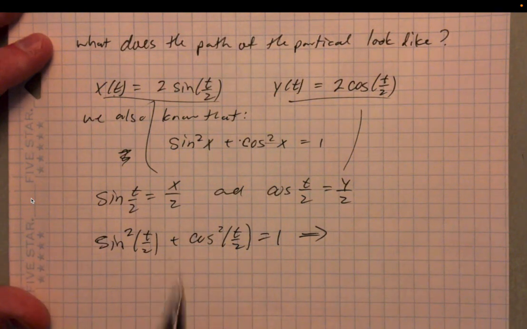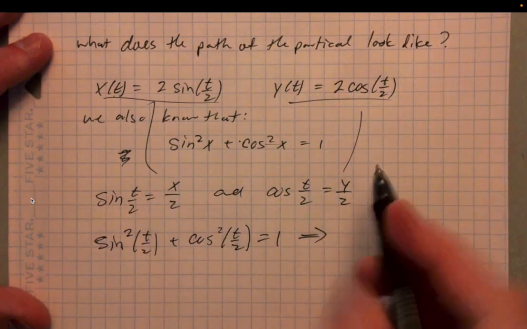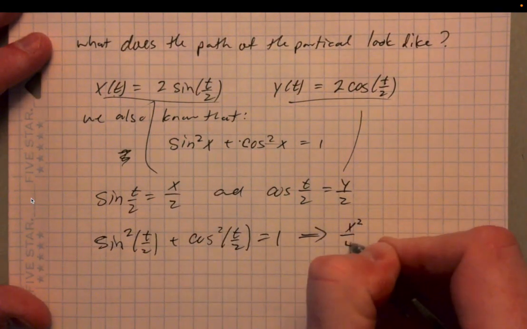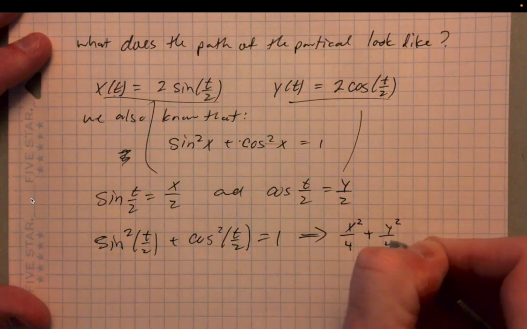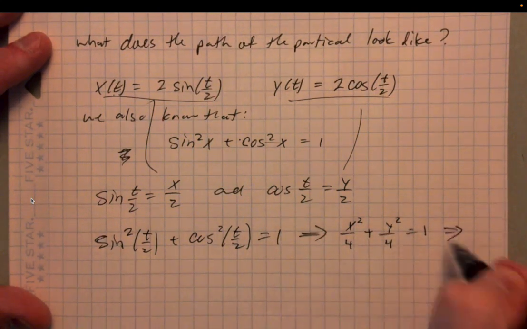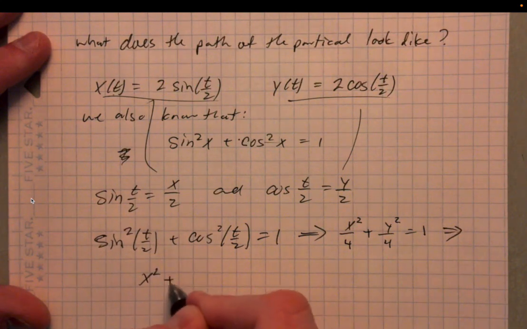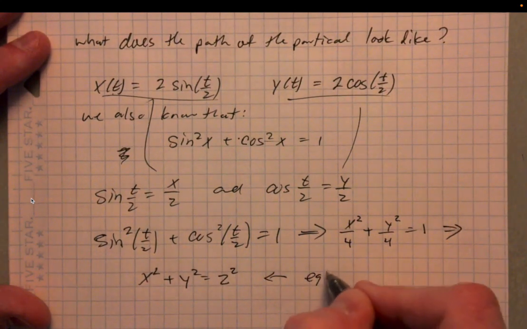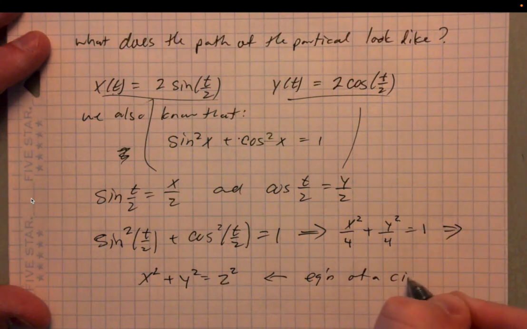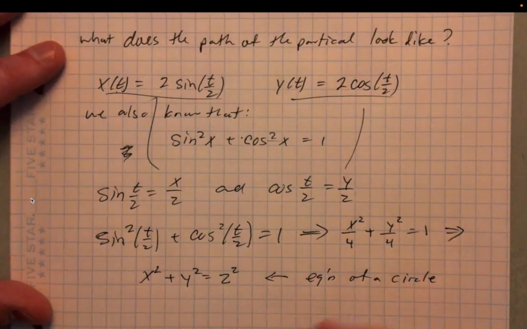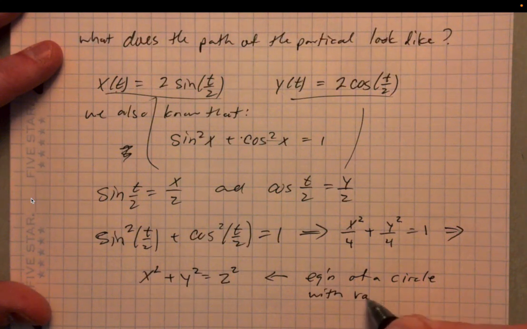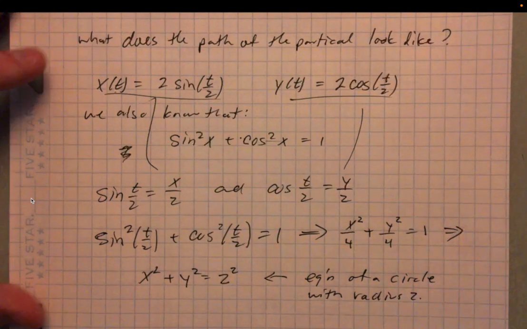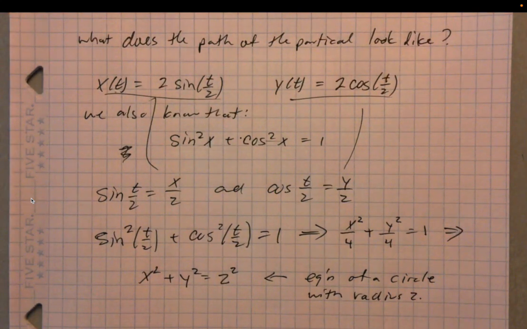So this squared plus that squared is equal to 1, which implies that x squared plus y squared equals 2 squared. This is the equation of a circle with radius 2. So that's going to be the path of the particle. The particle is basically going to move along a circle.